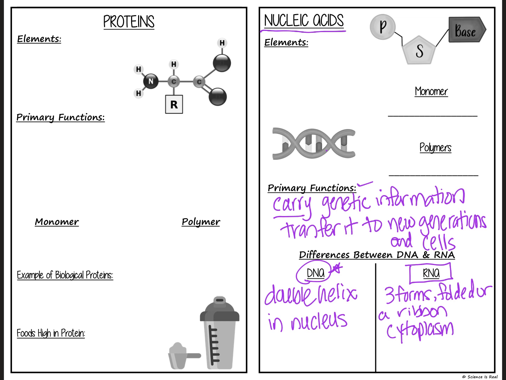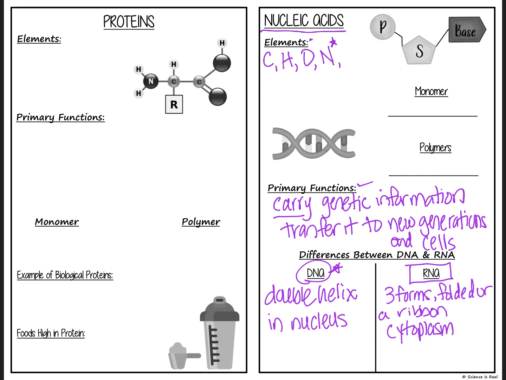So let's take a look up here at the elements that make up DNA and RNA. You've got your carbon, your hydrogen, your oxygen. This guy's got some nitrogen, which is a big deal.